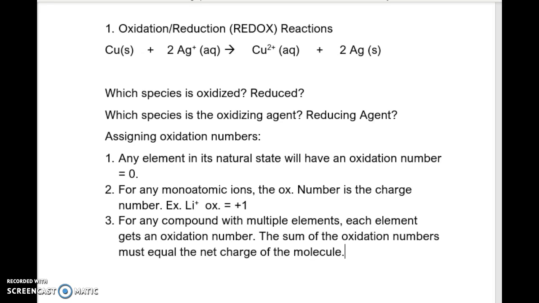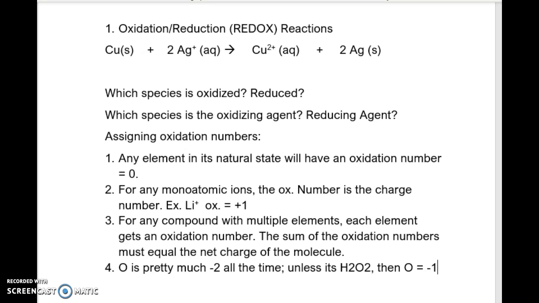And if the molecule is neutral, then all of them have to add up to be neutral. Also, a good reminder is oxygen is pretty much -2 all the time, unless it is hydrogen peroxide, which looks like this, right? Then the O is going to be -1, the oxidation number. Also, H is pretty much +1 most of the time.